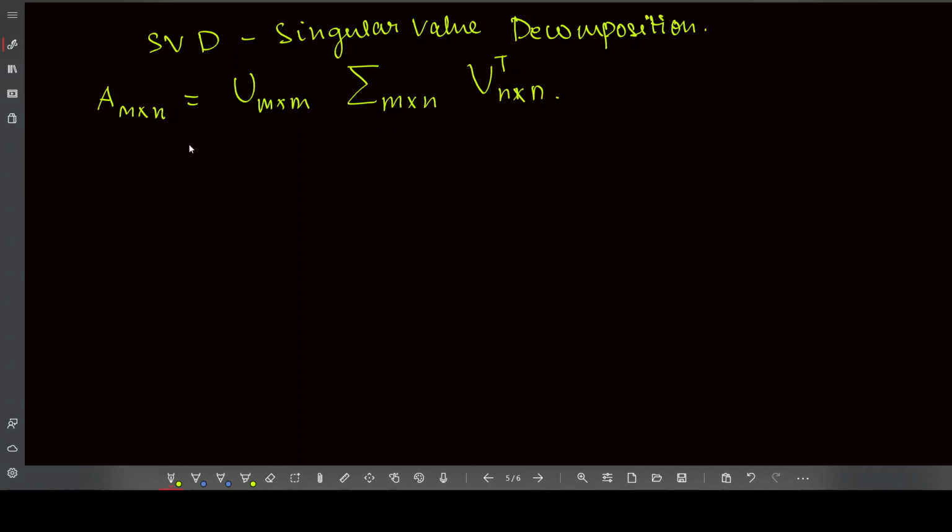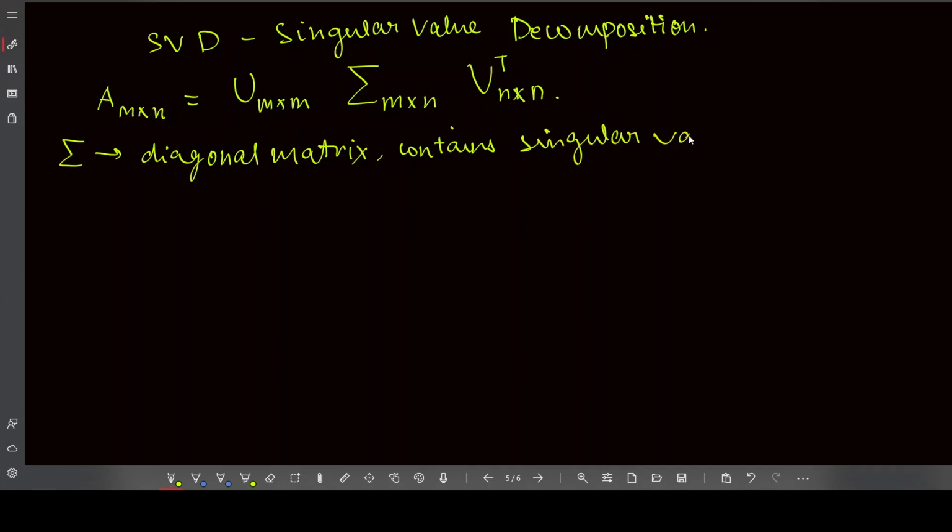All right. So now let's understand what U, sigma, and V transpose are. Sigma is basically a diagonal matrix. Okay. And this diagonal matrix sigma contains the singular values of the matrix A. Okay.